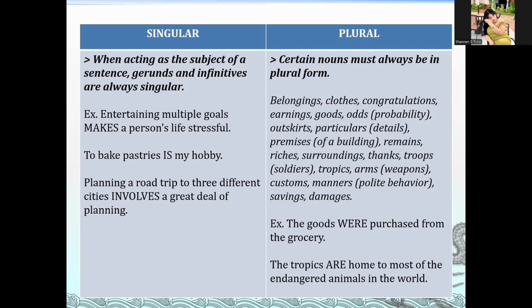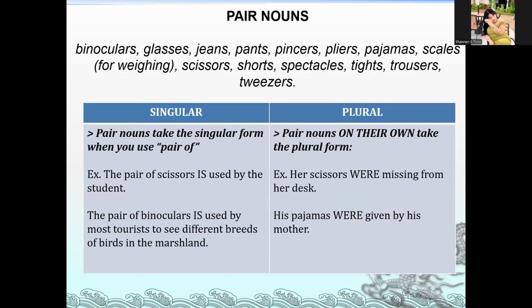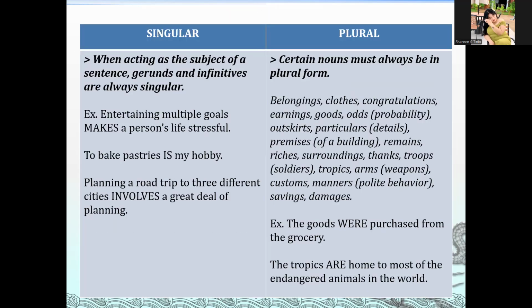So, we have the gerund entertaining. So, we have the verb makes. Sabi nga, all gerunds and infinitives have to be used in singular form. Kaya, makes. Entertaining multiple goals makes a person's life stressful.